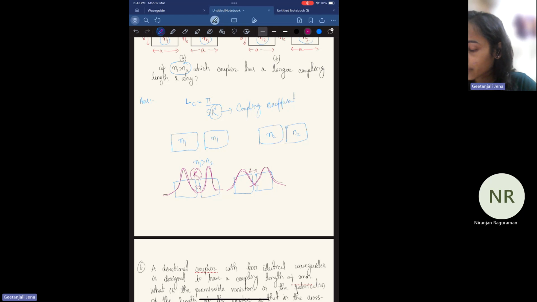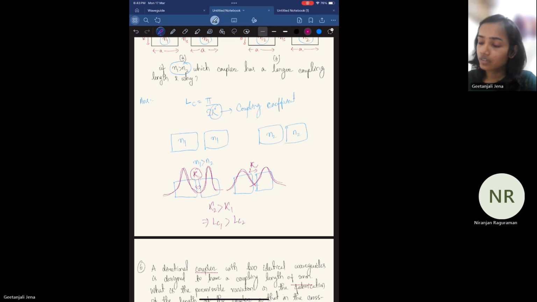So kappa here will increase for low refractive index. So kappa 2 is greater than kappa 1. That is why LC1 is greater than LC2, because LC is inversely proportional to kappa. So you got it right.